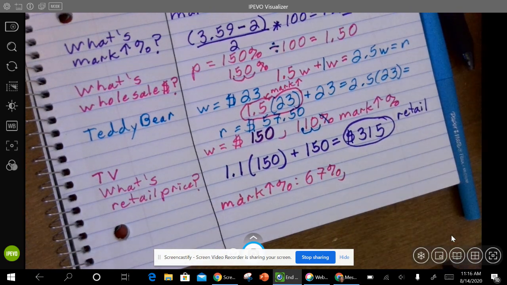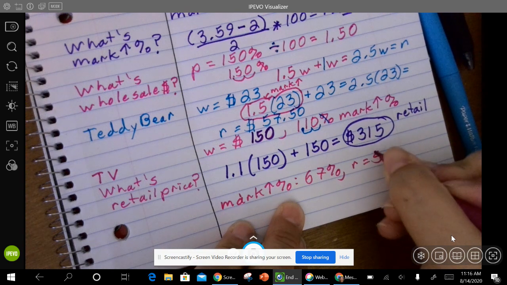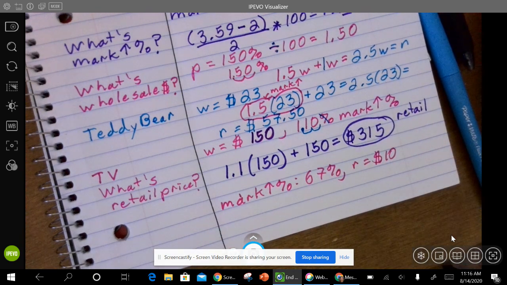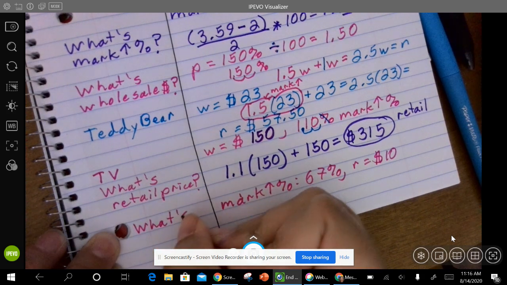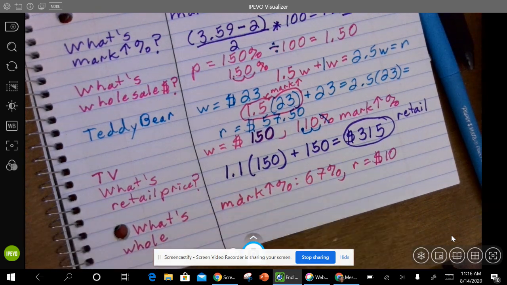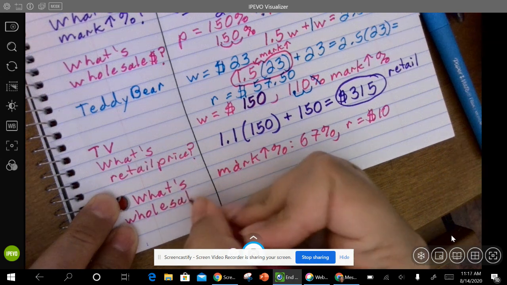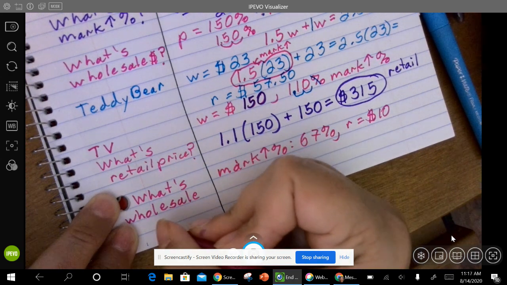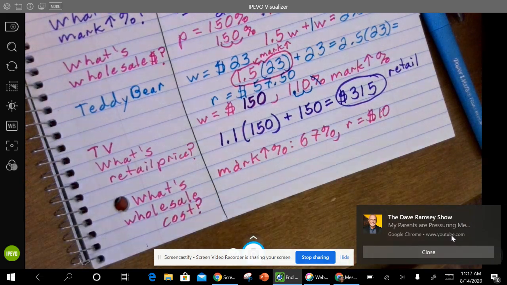We have that the retail price for a t-shirt is $10. And we want to know what's the wholesale cost. Okay, so let's go ahead and figure that out.